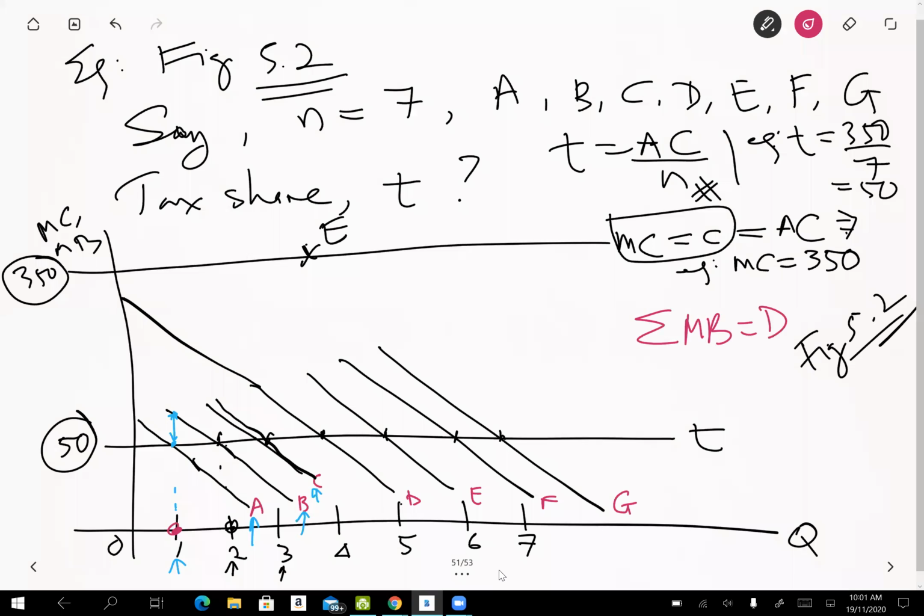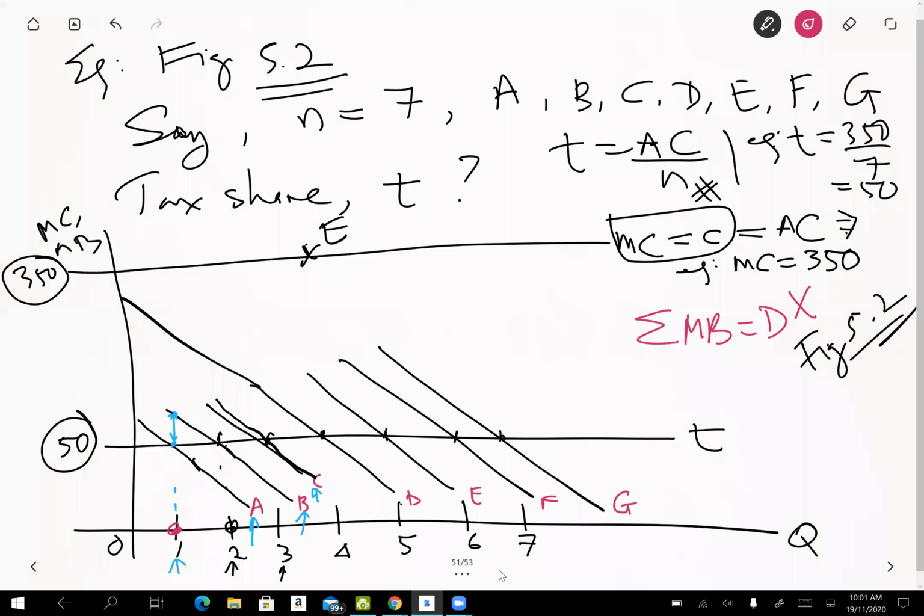We don't really have to consider everyone's demand function and then do the voting. Now, there are a few things that we would like to discuss about the equilibrium here.